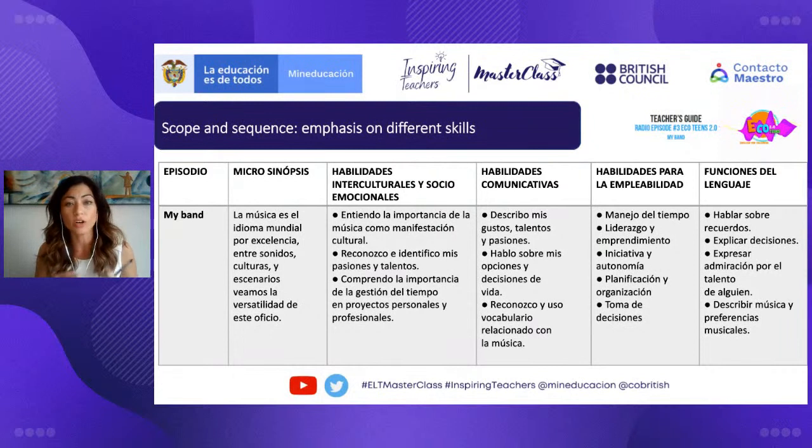And those skills are intercultural and social and emotional skills, as well as communicative skills, and last but not least, employability skills. You will also find in the scope and sequence the language functions that are important so that they can put them into practice. Good, now let's see an exercise.